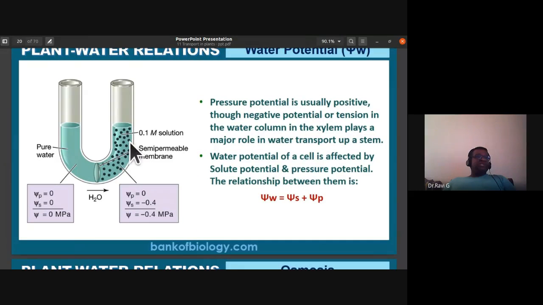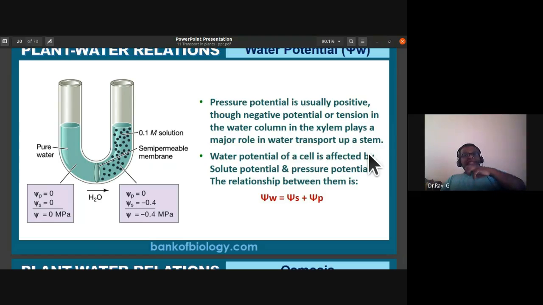Pressure potential is usually positive in value, though you should also understand that negative potential or tension in the water column in the xylem plays a major role in water transport upstream. In the case of water absorption through the xylem, there is a negative hydrostatic pressure, or negative potential, or tension in the water column because of transpiration.